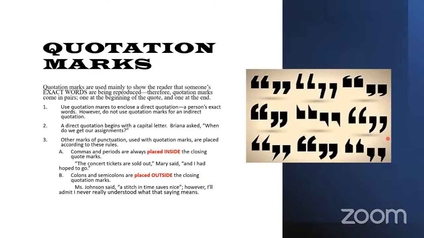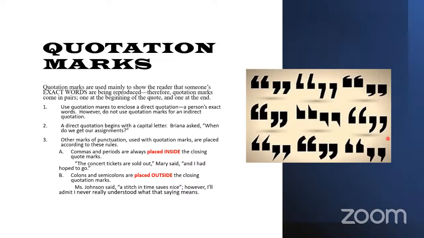When we want to cite one author's phrase, we're going to use the quotation marks. For example, the first use is to enclose a direct quotation, which means a person's exact words.